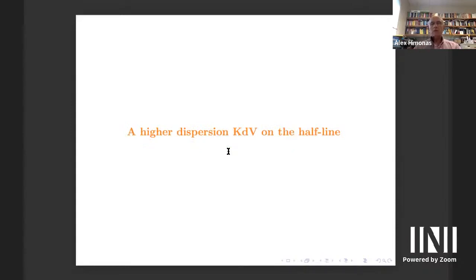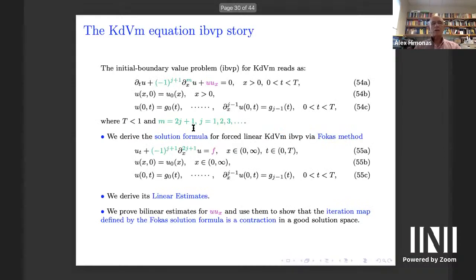Now I'm going to tell you what I think is an advantage of this method: you can do higher order equations. And here I'm going to show you a higher order dispersion KdV, which includes the KdV. If you put m equal to 3, you get KdV here. If you put m equal to 5 here, you get the Kawahara equation with alpha equal to 0.